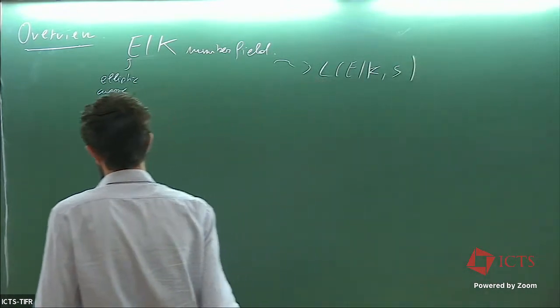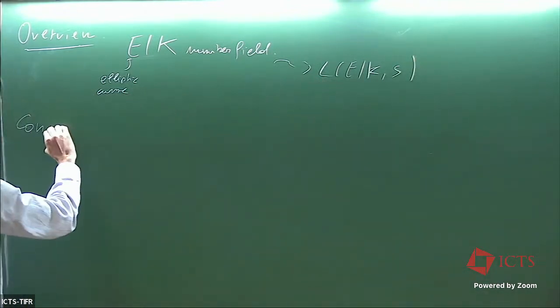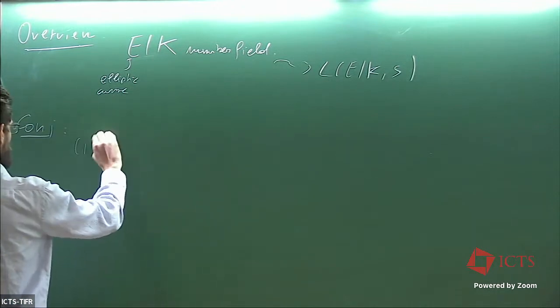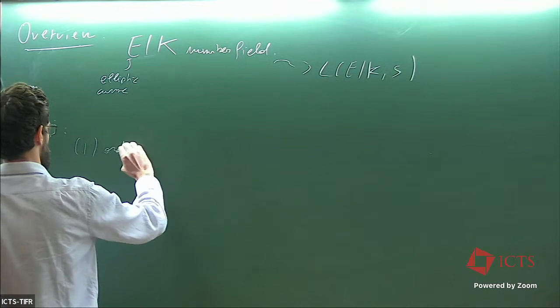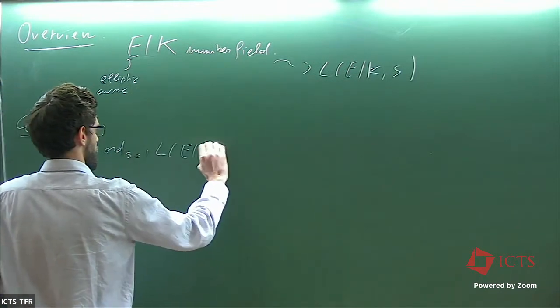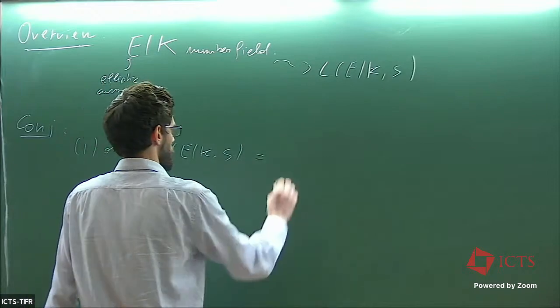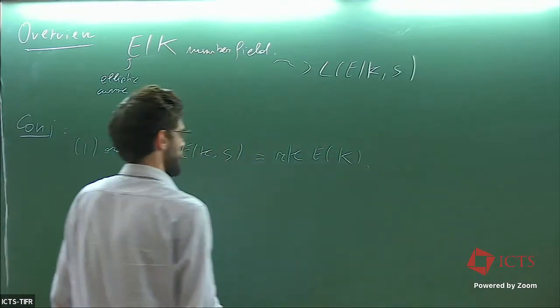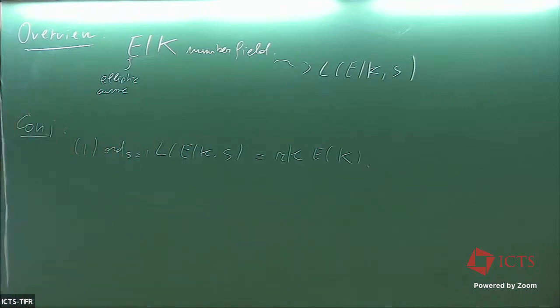Let me state this version of the Birch and Swinnerton-Dyer conjecture. First of all, it tells you that the order of vanishing at s equals 1 of the L function should be equal to the rank of the group of K-points, which is of course finite because of Mordell-Weil.